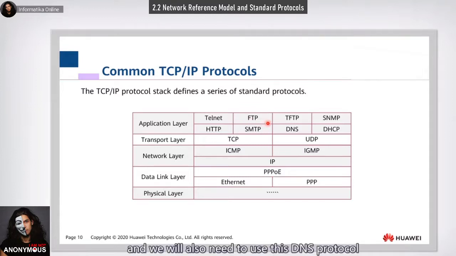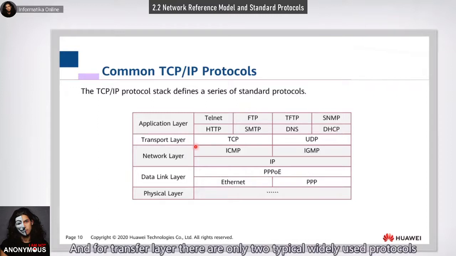We also need the DNS protocol, the Domain Name System protocol, to translate the server's host name to the IP address. Also, we have the DHCP protocol to dynamically configure IP addresses for hosts and routers.